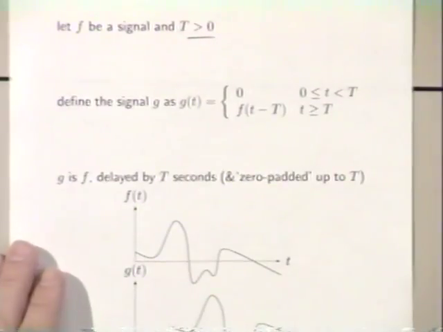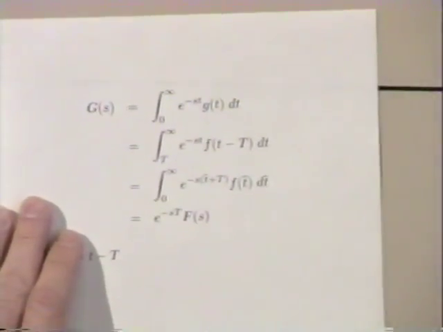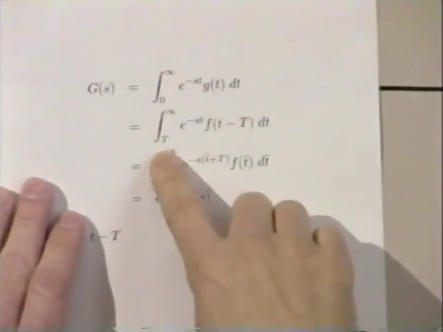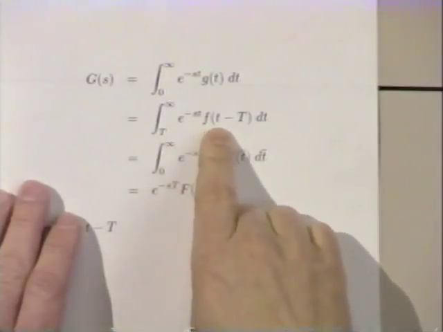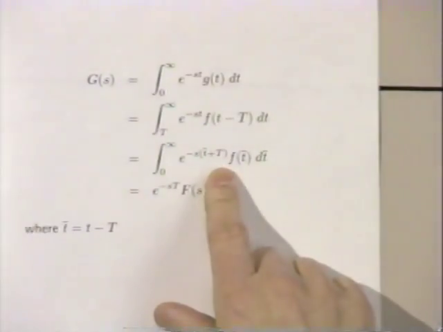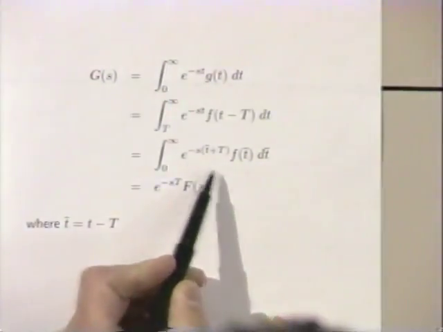Now, if you work out the Laplace transform, you integrate from 0 to infinity, by definition. This is 0 up to time capital T, that's the delay. And then you get e to the minus st times f of t minus T. You change variables here, and you get this very important expression.